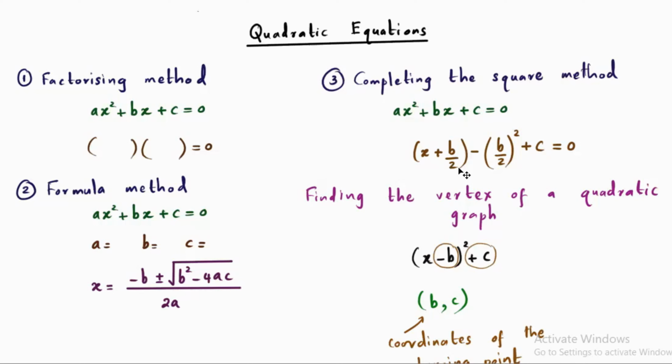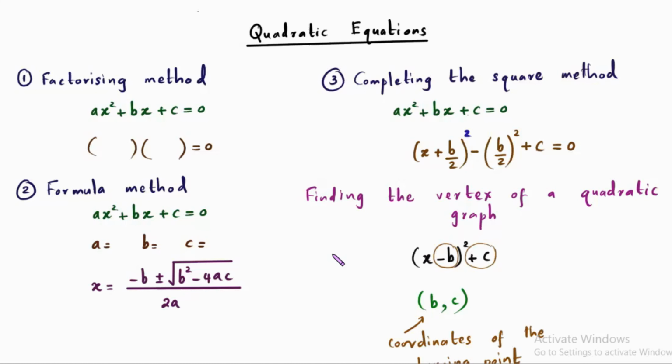And that is the number that goes inside the bracket and combines with the x. And this is written with a square. And then from that, I need to deduct the square of the answer that I have here. And then I need to make sure to add this c here, and I can simplify that way. That is how we complete the square.